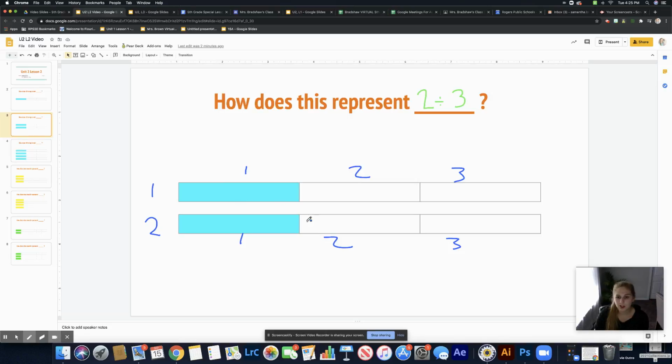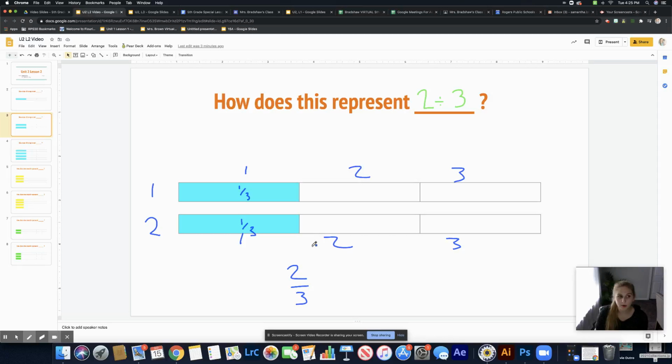So if I have 2 divided by 3, I'm looking at my shaded part, I have 1/3 here, and I have 1/3 here. So 2 divided by 3 is 2/3.